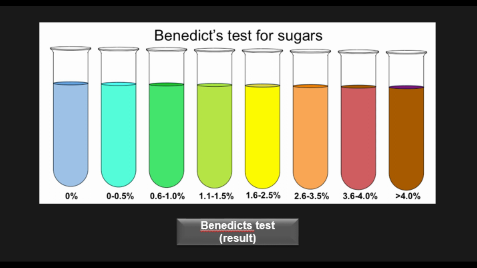If the experiment yields certain colors, it means it contains such amounts. For orange, we have 2.6 to 3.5% of sugar present.